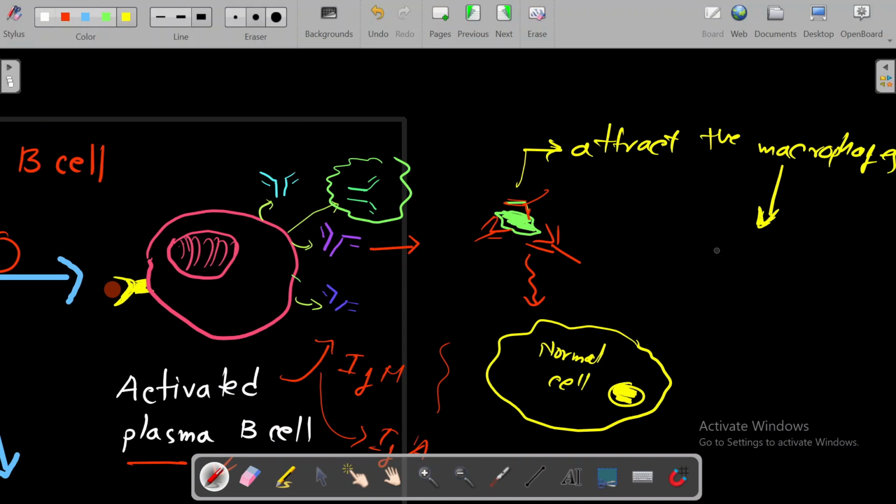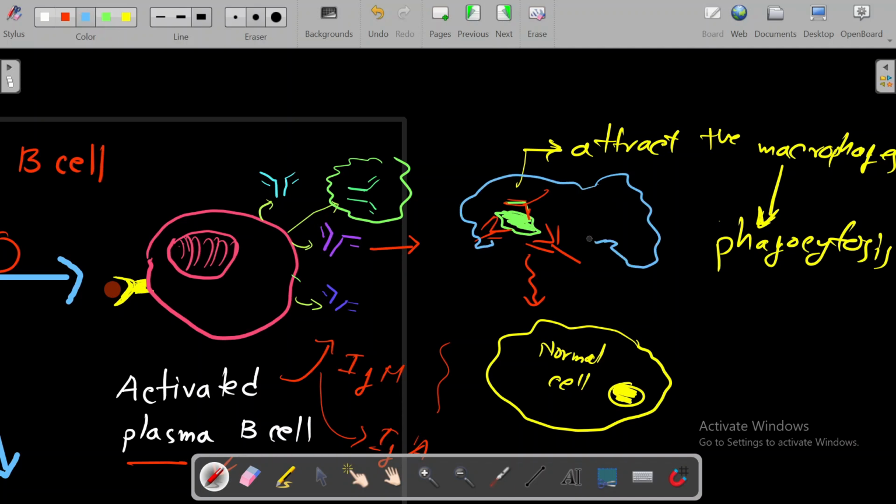It mainly does phagocytosis. So suppose this is a macrophage, and this macrophage then engulfs this complex, this antibody-antigen complex, or this antibody-pathogen complex. And then after the phagocytosis, the macrophage basically kills the pathogen.